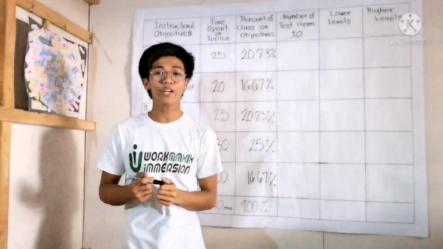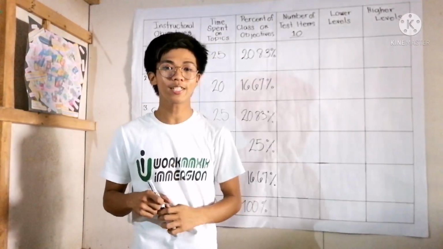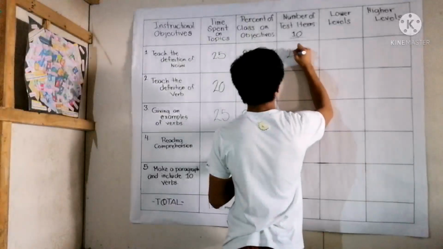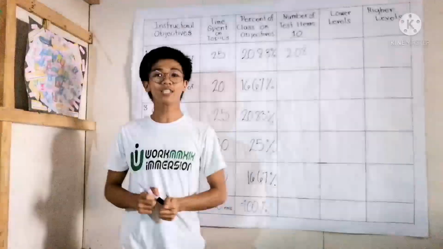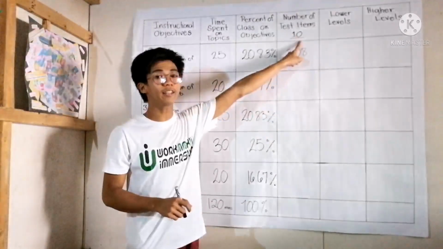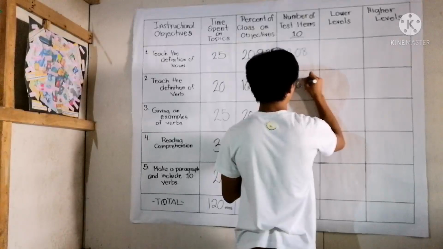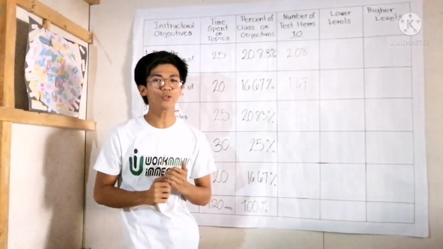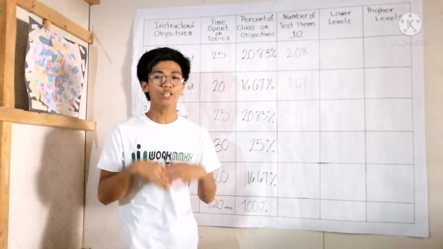So 20.83% times 10 is 2.08. The second objective, we have 16.67. So 16.67% times 10 is 1.67. So I am letting you calculate the third to fifth objectives using our formula.